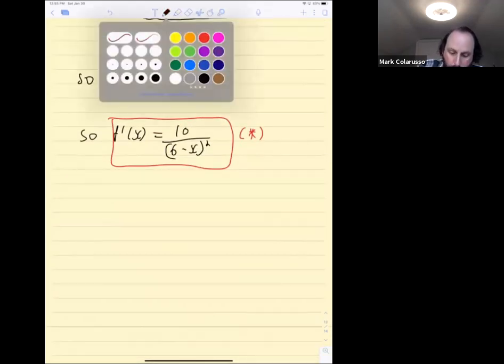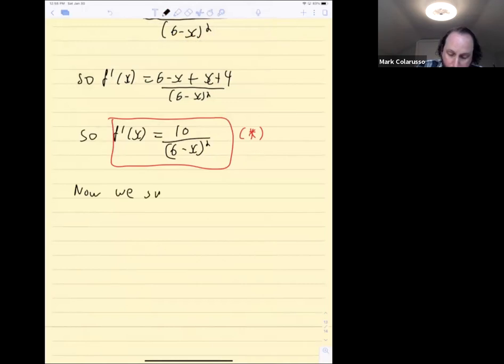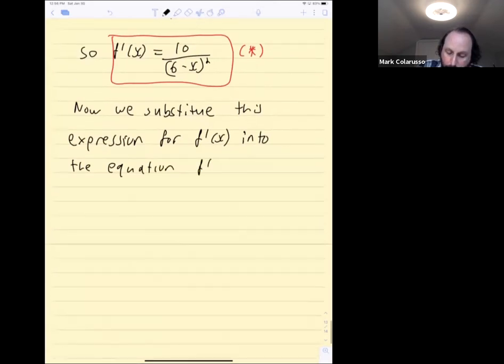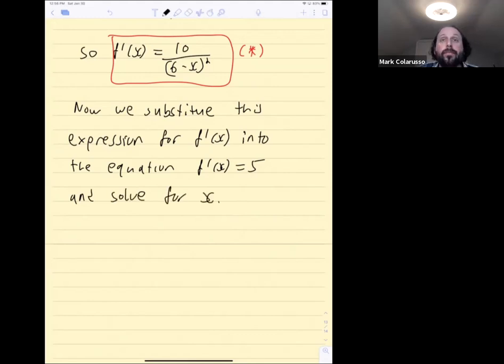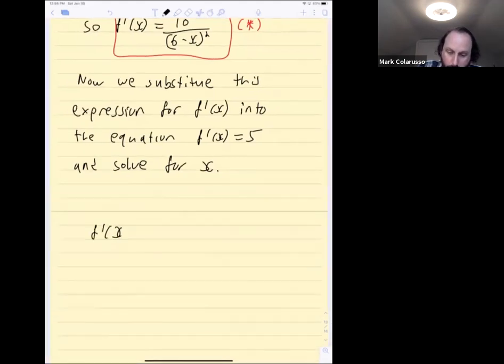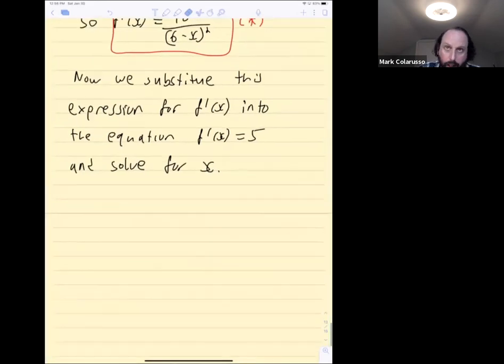So now we substitute this expression for f prime at x into the equation f prime at x equals 5 and solve for x.